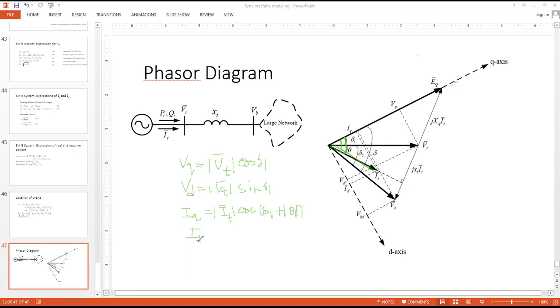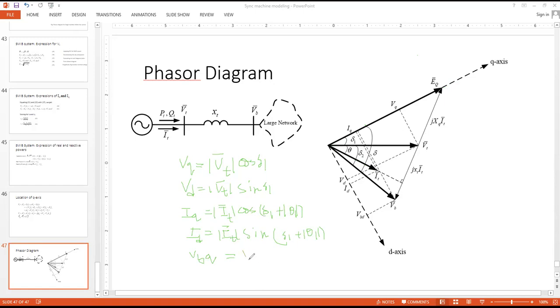What is ID? It is IT, then sine, the same thing. Okay, VD, ID, VQ, IQ. Then what's left? VBD. What is VBD? Or let's say VBQ first. What should be VBQ? What is the angle between VB and Q axis? Delta.